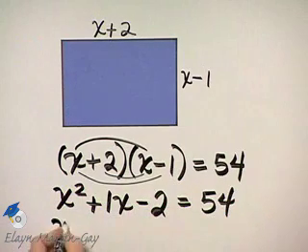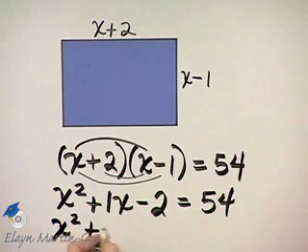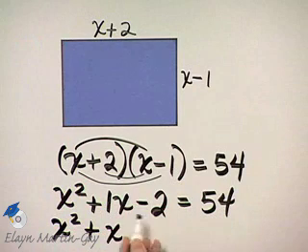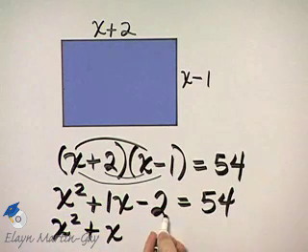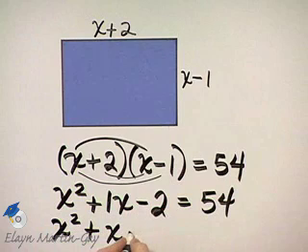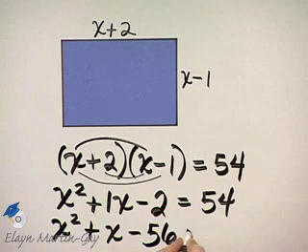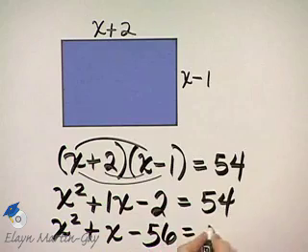So I'll have x squared plus x. I am subtracting 54 from both sides. Negative 2 minus 54, that is negative 56. I'll write minus 56, and 54 minus 54 is 0.